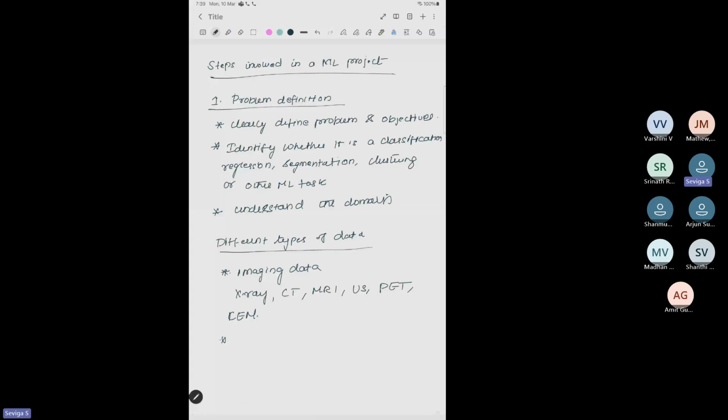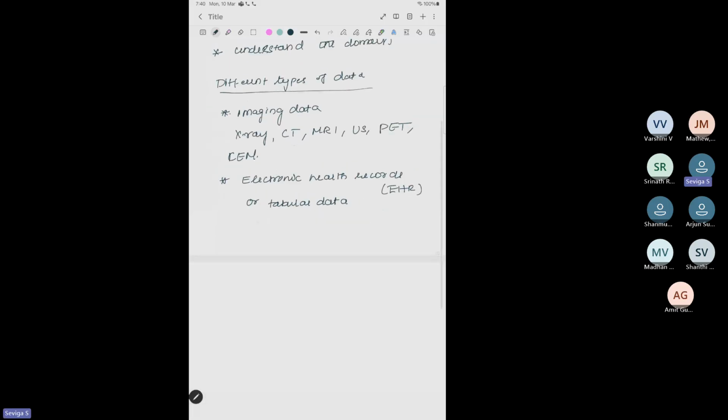The second type is electronic health records, or tabular data. It can be demographics, lab results, or vital signs like blood pressure, temperature, or medications or treatment plan, or even disease codes and diagnosis. Most of the people who are working in informatics can choose this kind of data.